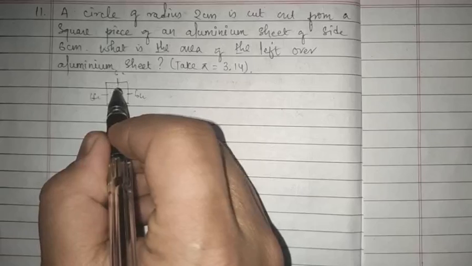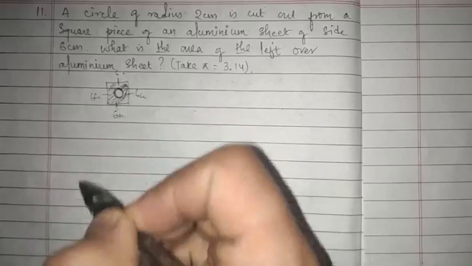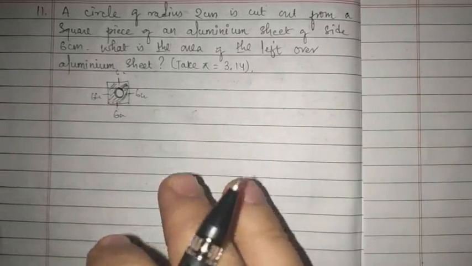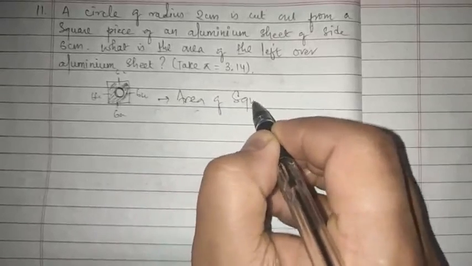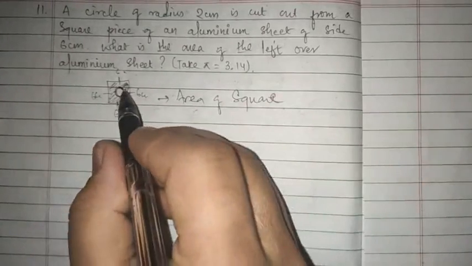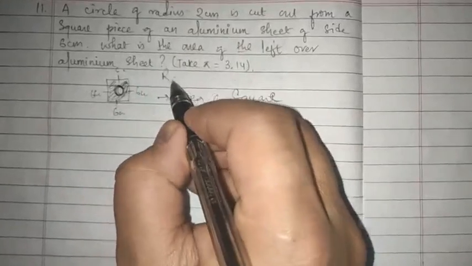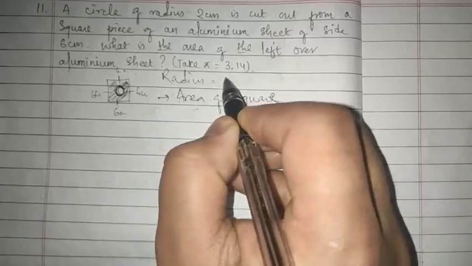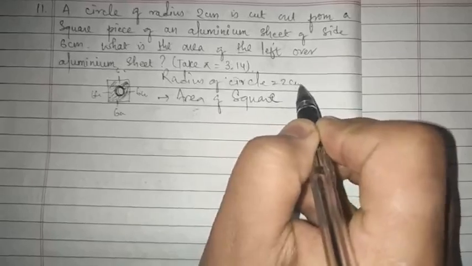So now after removing this, the hole will be there. Now what will be the area of this remaining part of the aluminium sheet? Okay, it is very easy. First of all, you will find the area of the square, what we did in the previous question. The radius is already given. So list out: radius of circle is equal to 2 centimeter.